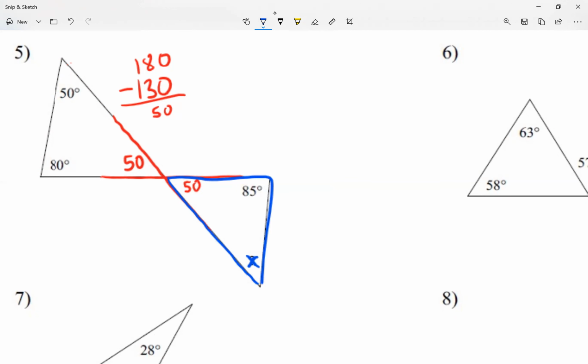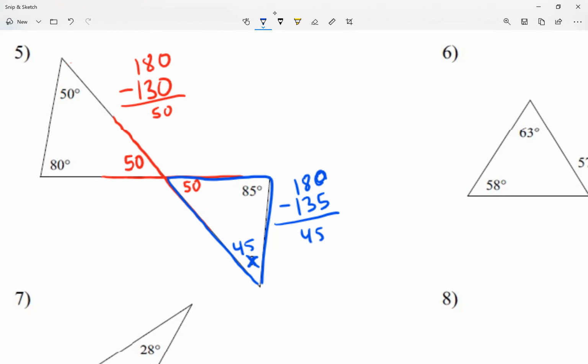I have two angles, and I'm solving for the third angle. So I'm gonna add the two angles that I have, 85 plus 50, right? Add them up, 85 plus 50. Isn't that 135? Let me subtract that from 180. The reason why I subtract from 180, because remember, all three angles have to add up to 180. I know 180 minus 135 is 45. So that means this angle is 45. So X equals 45.